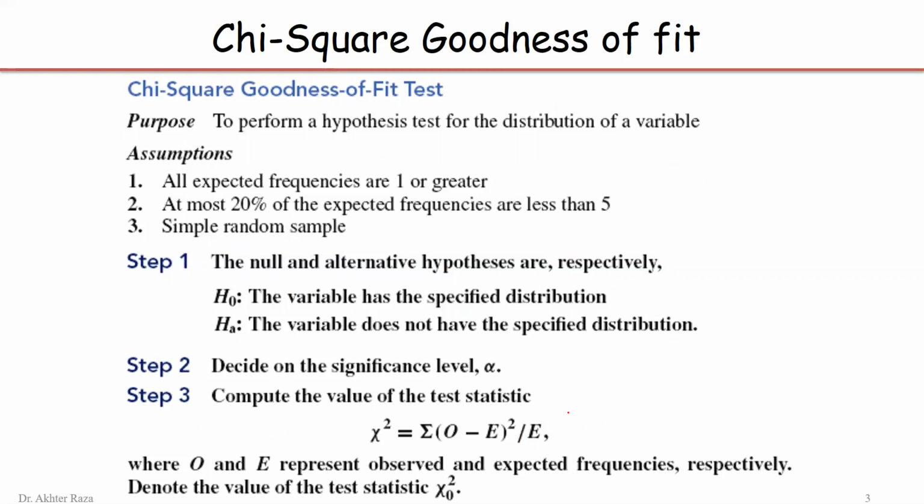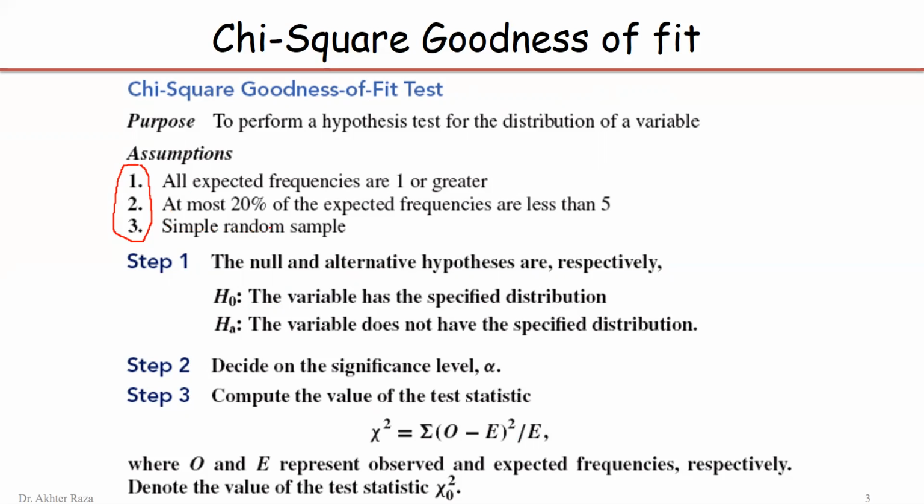In the chi-square test of goodness of fit, what are the assumptions? These are the three assumptions. All expected frequencies should be greater than 1. At most 20% of the expected frequencies less than 5 are allowed. These are the same assumptions as the test of independence. The data must be a random sample.